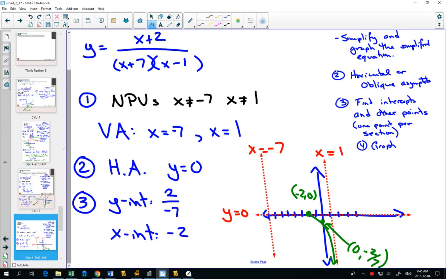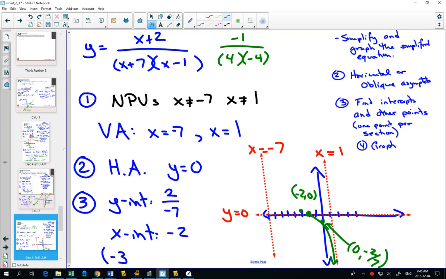For example, if I plug in -3 for x, my numerator would be -1, and this would be 4, and this would be -4. And if I simplified that, I would get 1/16. So if I wanted to, I could plot the point (-3, 1/16).